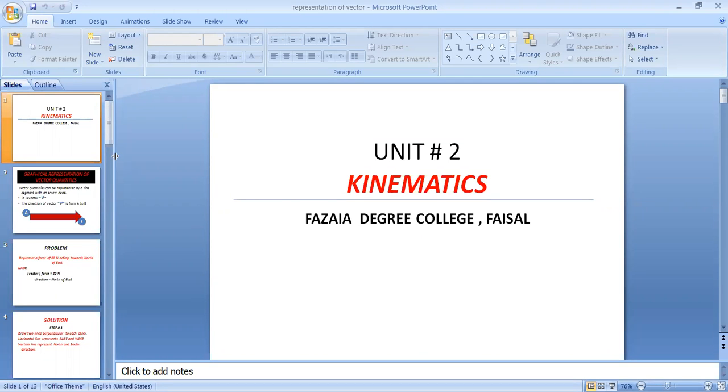What we have studied in scalars and vectors: their definitions, their differences, their different examples, their symbols and representation, and at last the difference between scalars and vectors according to their differentiation.